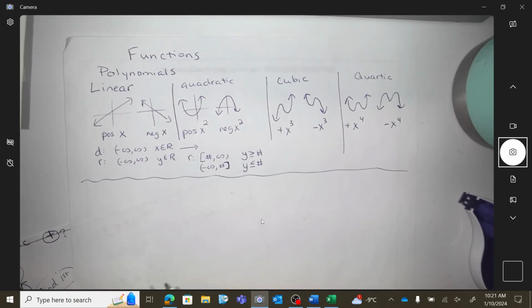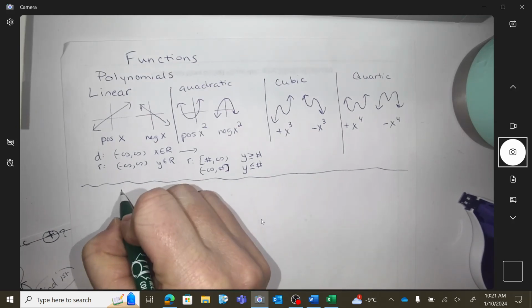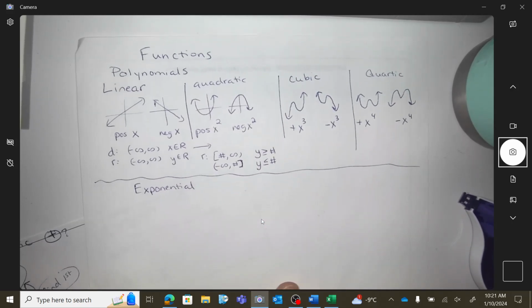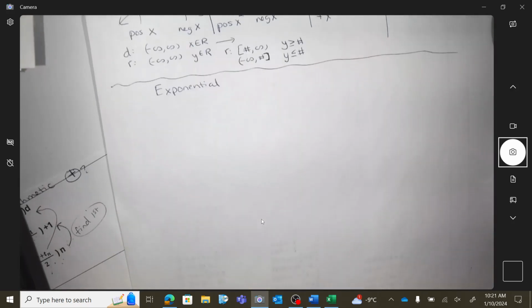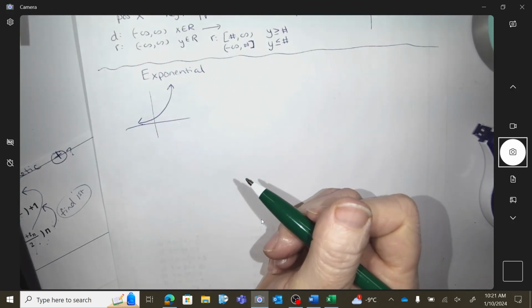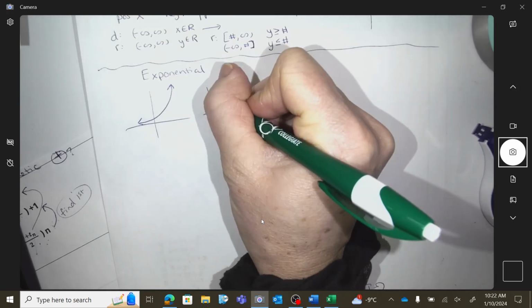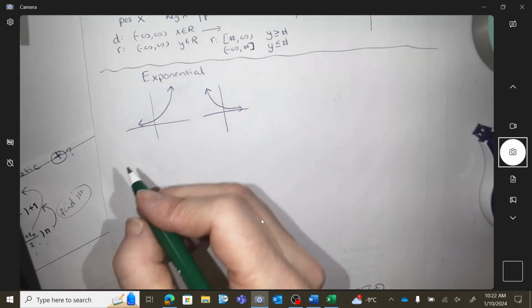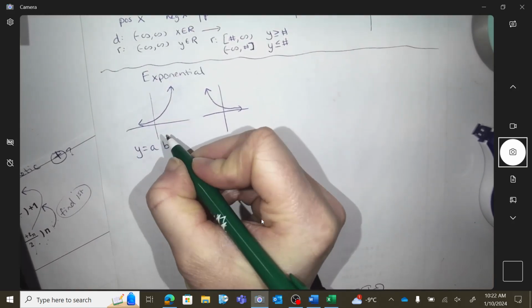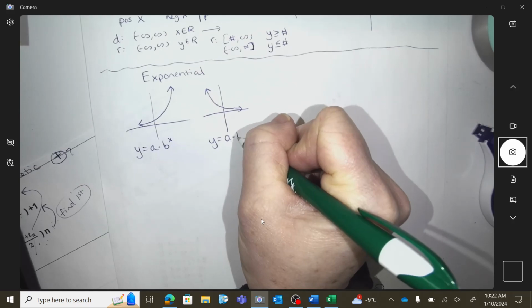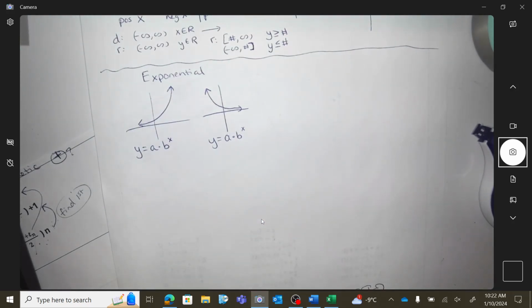Okay, what other functions did we then learn? We learned exponential.